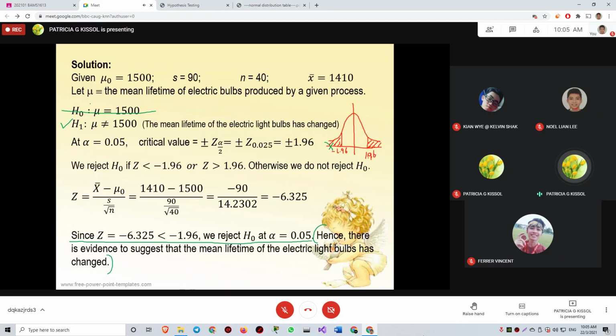If you do not reject the null hypothesis, you write the conclusion based on the null hypothesis. But in this example, we reject the null hypothesis. That's why our conclusion supports the alternative hypothesis. So I hope that is clear for everyone. Is it?